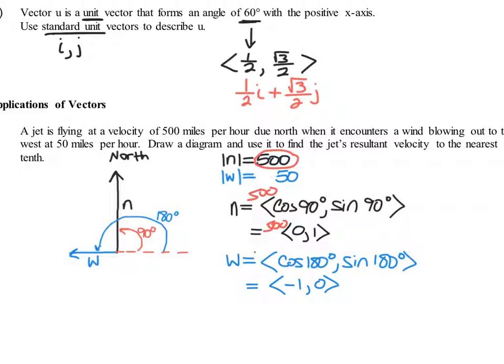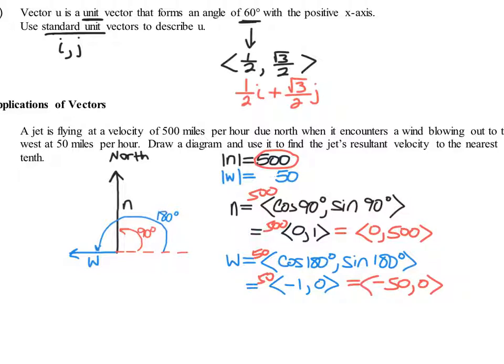All right, so then we would multiply each of these by the respective magnitudes, in which case I would be looking at 0, 500, and negative 50, 0. All right, so that's the justification for why it works the way it does.